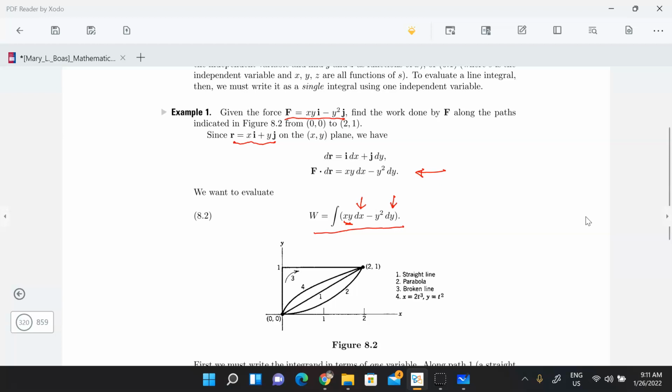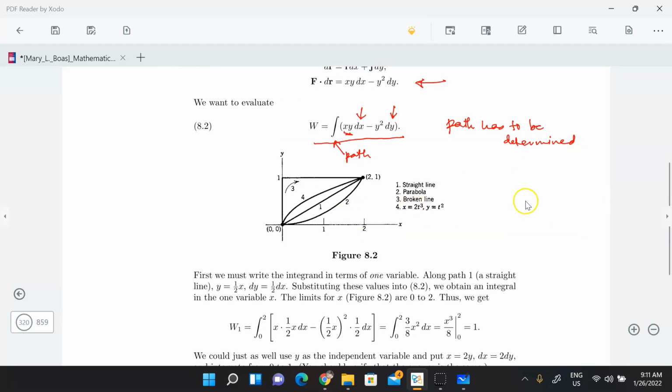Okay, so now how does this work? Well, you need to specify the path over which you need to do the integral. So here there must be a determined path, because it's not specified there. So the path has to be determined. And in this particular example, there are four different paths given.